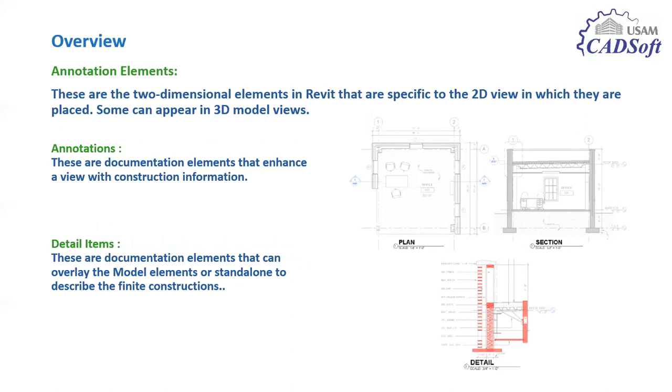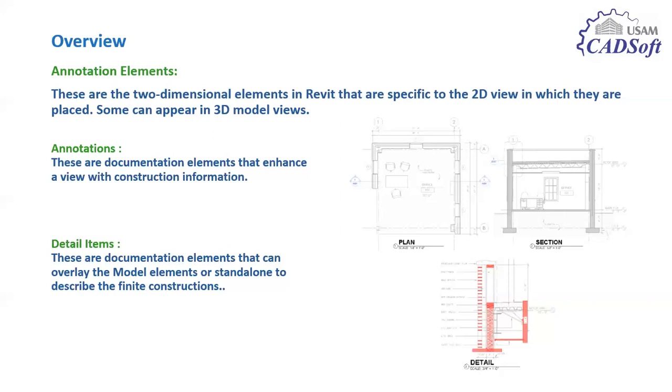When I say annotations, it's basically your 2D annotation details, like the text and dimensions. So these are the annotations. And when I say detail items, these are like documentation elements, or detail elements, detail components, 2D modeling components.